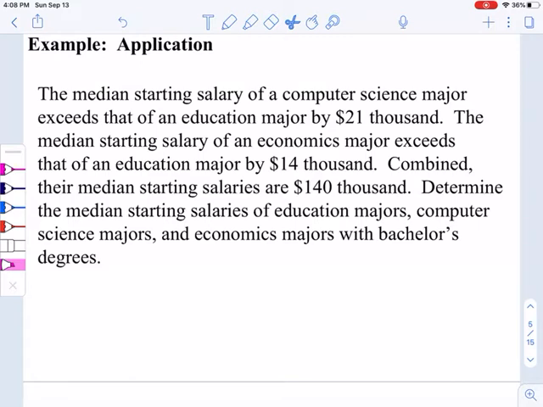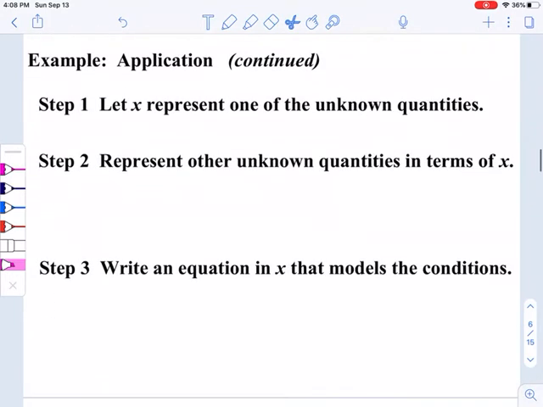We obviously have 3 different majors that we're talking about, and they all refer back to that education major, right? The computer science major exceeds that of an education major by $21,000. The median salary of an economics major exceeds that of an education major by $14,000. And then combined, their median salaries are $140,000. So let's see. Step 1, it says let x represent one of the unknown quantities.